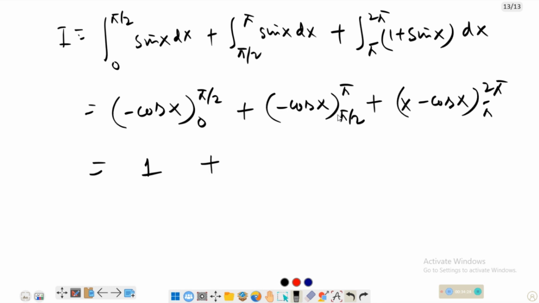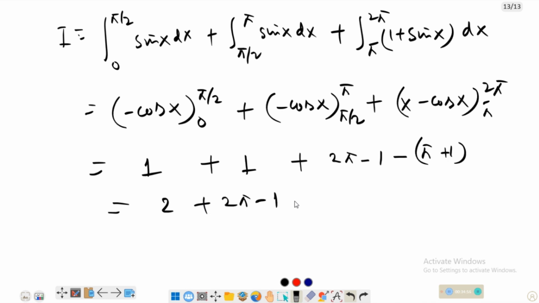Plus, this quantity is minus cos pi, which is equal to 1, so this is 1. And this quantity is 2 pi minus cos 2 pi, which is 2 pi minus 1, minus pi plus 1. So this is 2 plus 2 pi minus 1 minus pi minus 1, so this cancels out, and 2 pi minus pi is equal to pi.